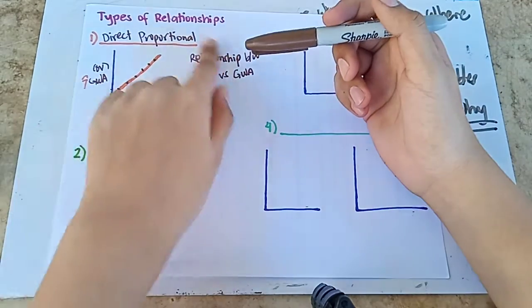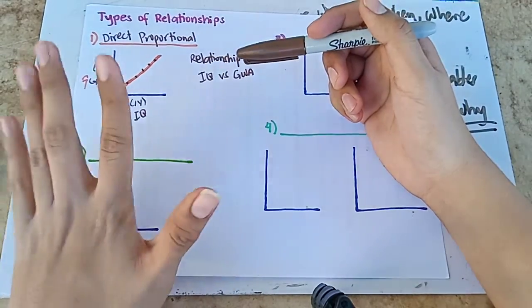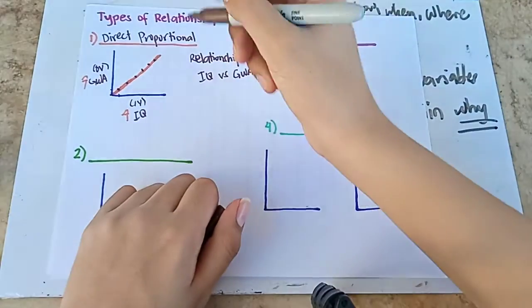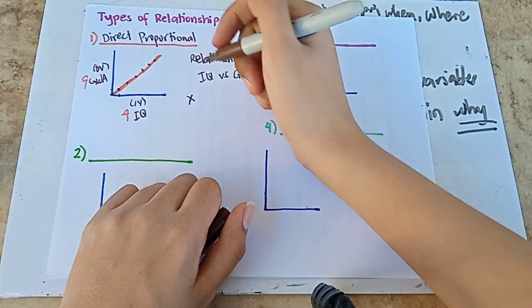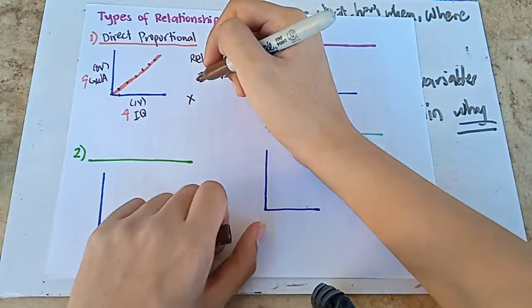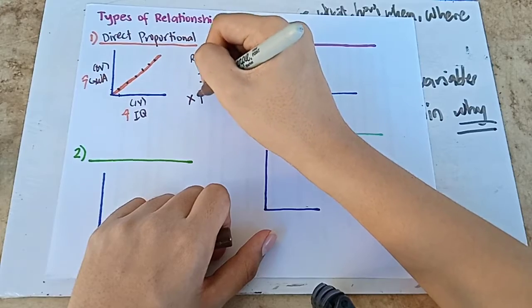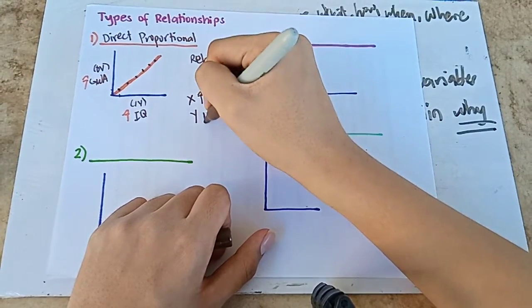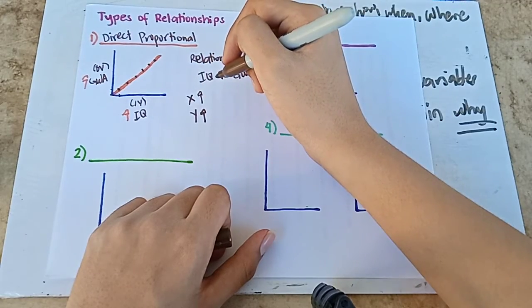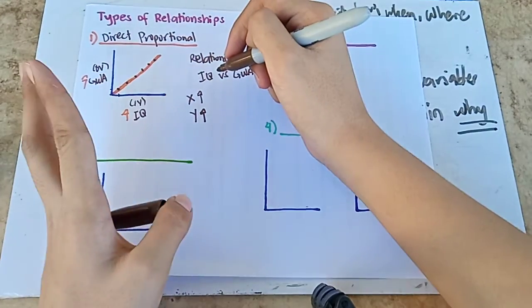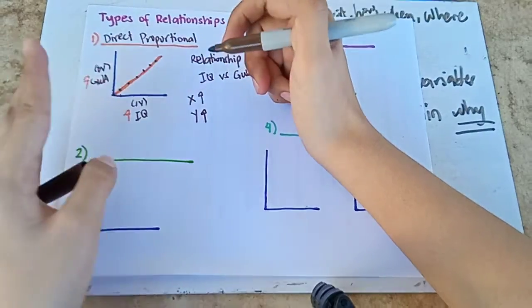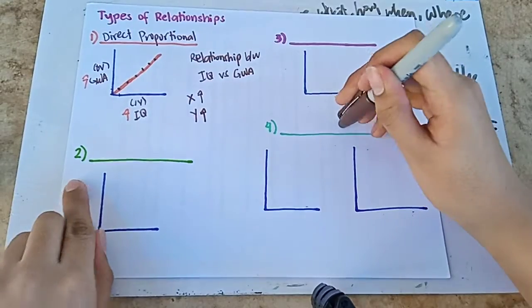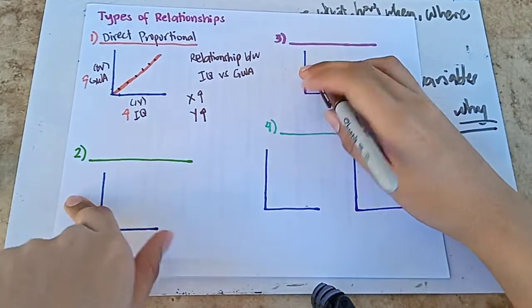In a direct proportional relationship, as the x increases, the y also increases. That is the essence of direct proportional relationship. Now, let us proceed to the type of relationship number 2.